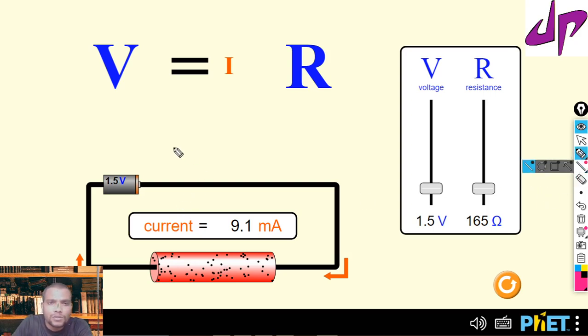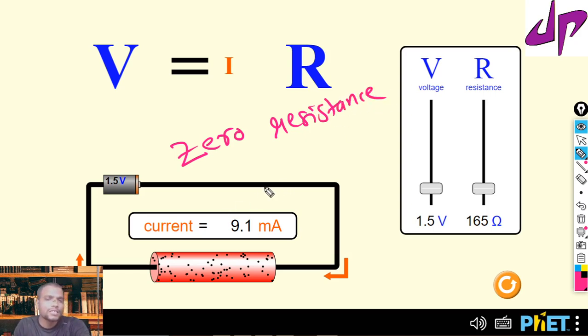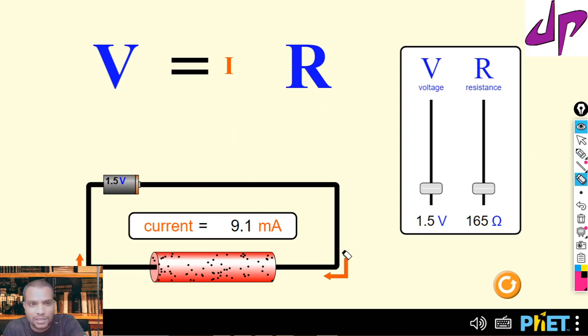Zero resistance material does not exist till now. Some resistance exists even in the best conductor, because resistance becomes one of the cause and effect. We will discuss what the cause of the resistance is.